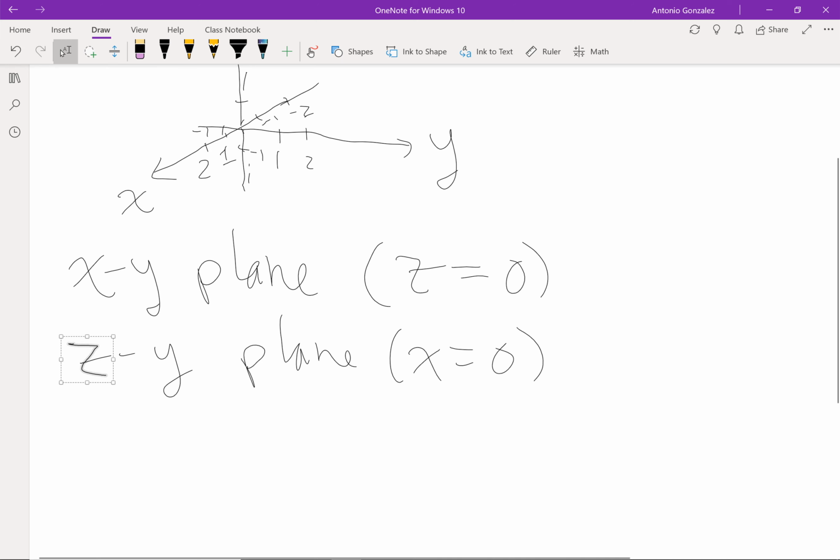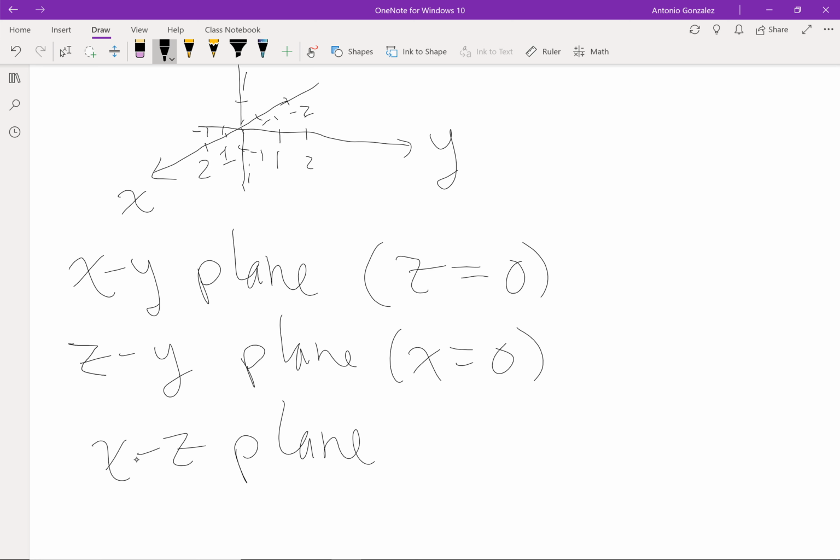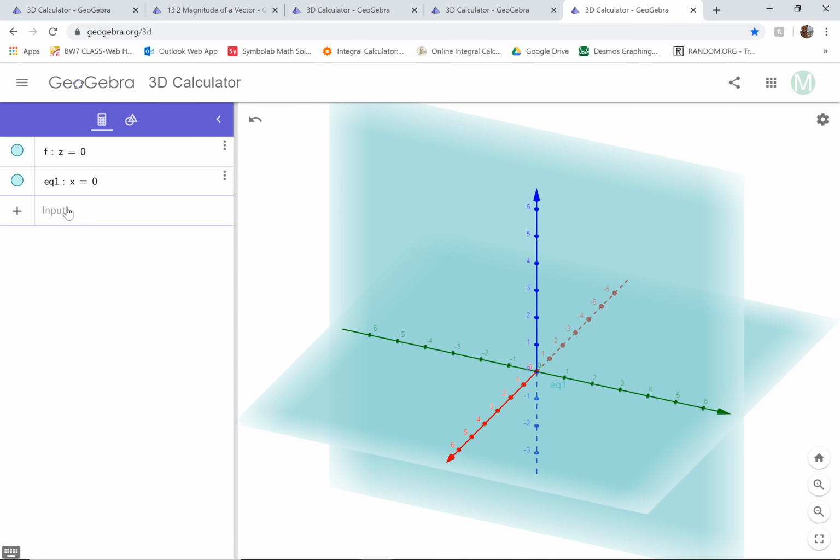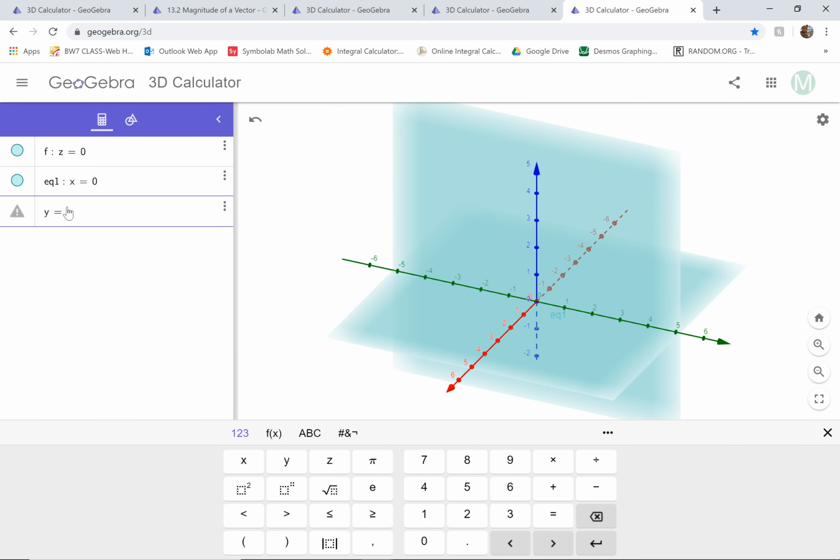Then the third basic plane, as we'll see, we can come up with equations of all different planes, and that will come in a later section. The other plane is the XZ plane, and that would be when y is equal to 0. So think of a plane as a collection of ordered pairs that all have in common that their y coordinate is equal to 0.